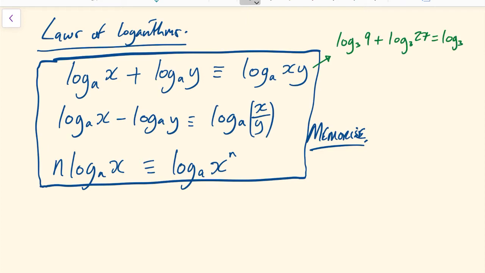And 9 times 27 is, well, 180 plus 63, which is 243.